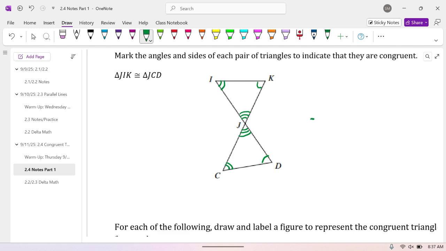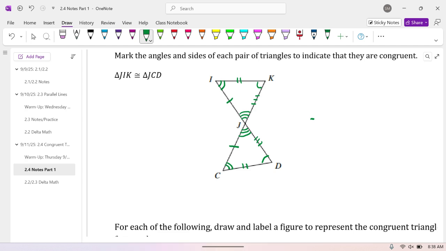All right. So IJ and CJ are congruent. What's another set? CD and IK. Good. Those are also congruent. Which leaves us with KJ and DJ as our other sets.